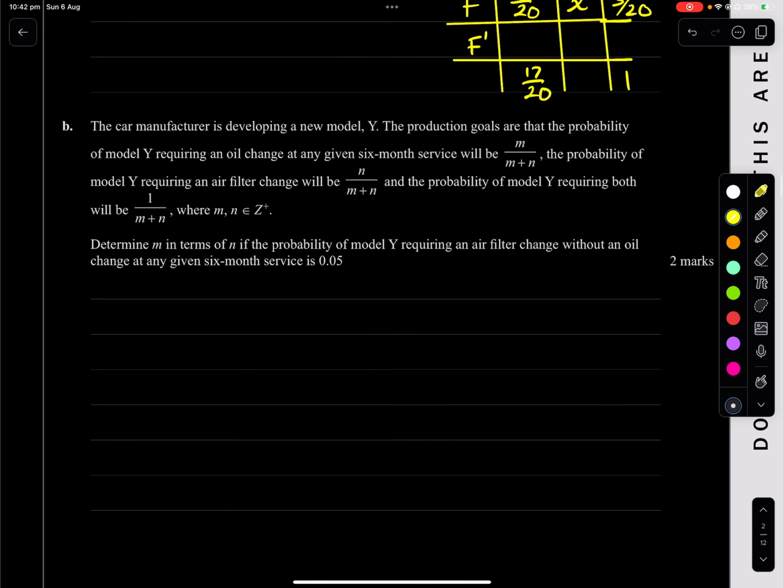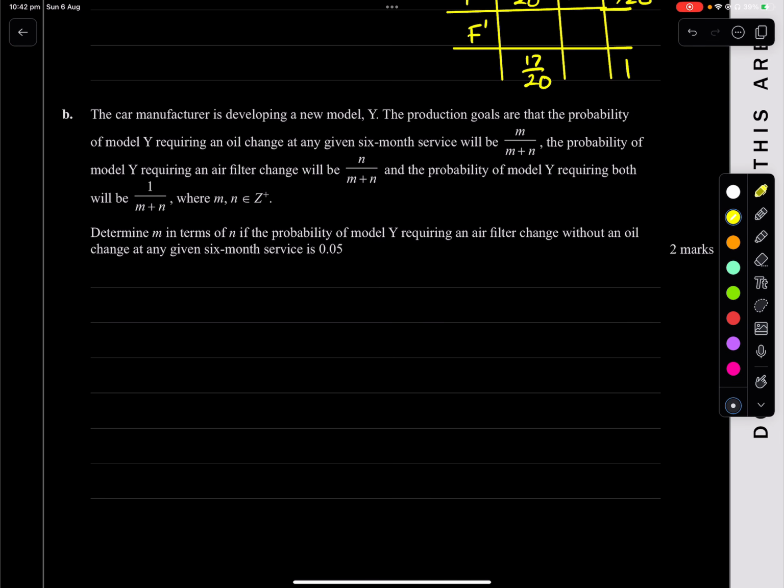Very nice and easy. A car manufacturer is developing a new Model Y. The production goals are that the probability of Model Y requiring an oil change at any given 6 months is this, the probability of Model Y requiring an air filter change is this, and the probability that Model Y requires both of them is this, where m and n are positive integers.